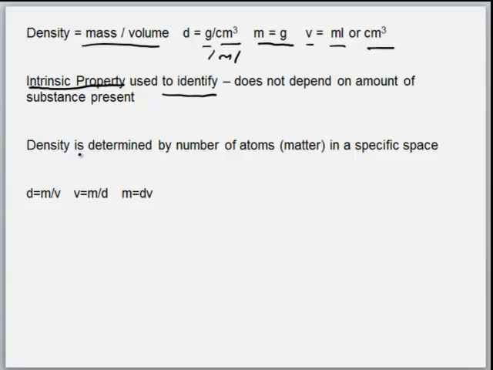You should also understand that density is determined by the number of atoms, which we refer to as matter, that are in a specific amount of space. And that you should be able to calculate density using density is equal to mass over volume, but also rearrange to solve for volume and mass. And then what we will cover in the next vodcast is how we go about calculating density in the lab by measuring volume and measuring mass.